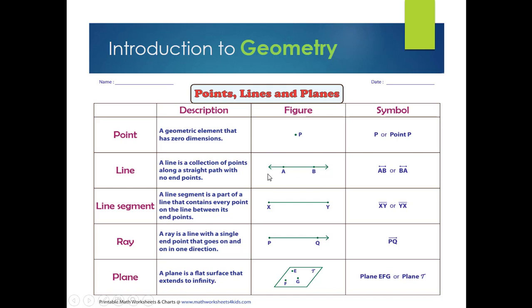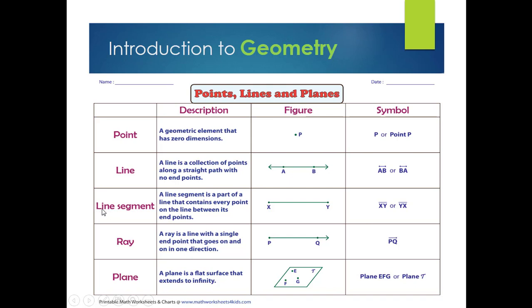These two arrows mean that this line can go far away with no end. And how can we represent it? We write AB or BA. That means the line can go from A to B or the opposite from B to A.